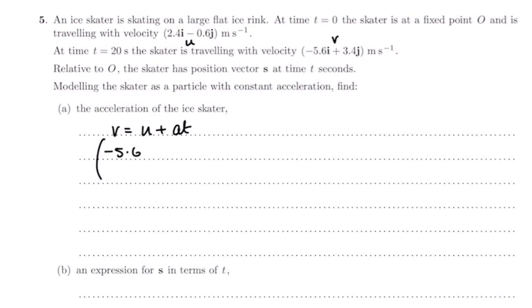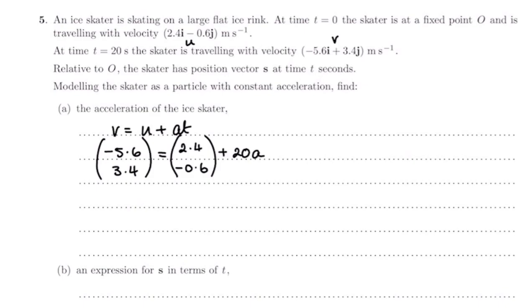So their final velocity is (-5.6, 3.4), which equals their initial velocity, which was (2.4, -0.6), plus acceleration. We don't know the acceleration, but we do know the time is 20, so let's say 20a.